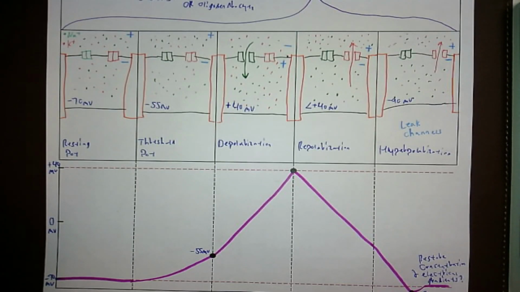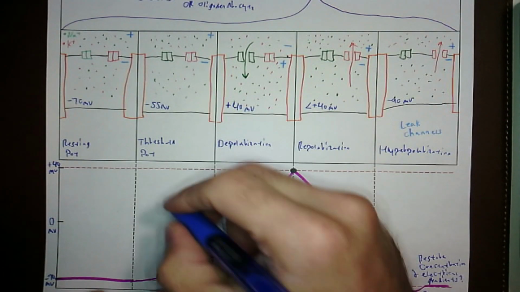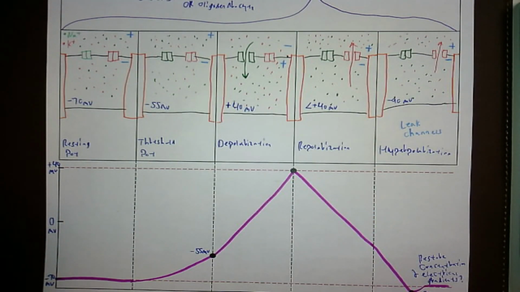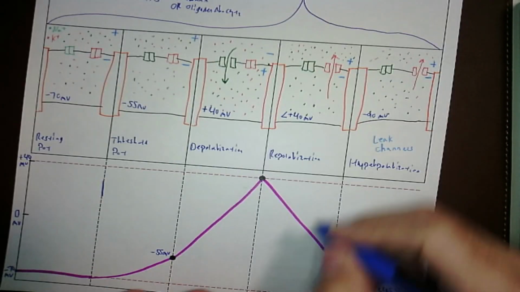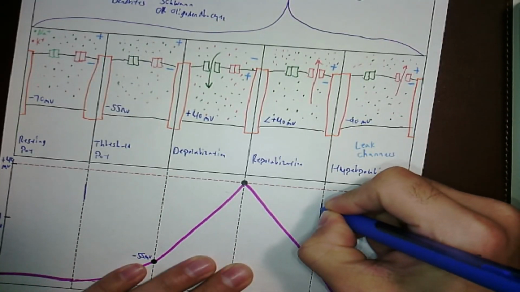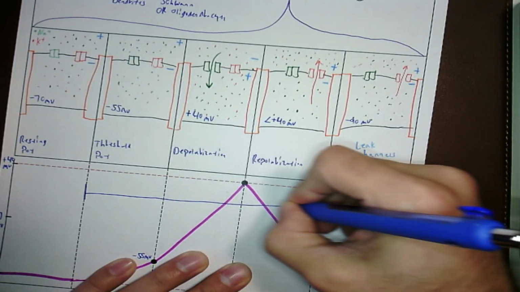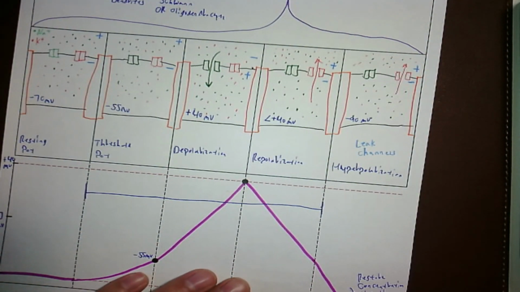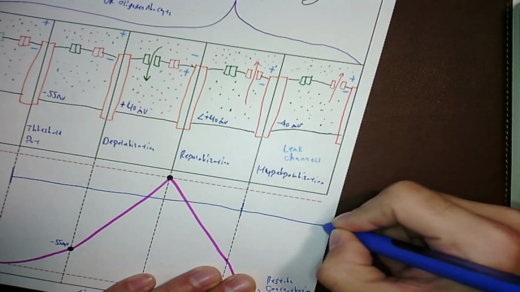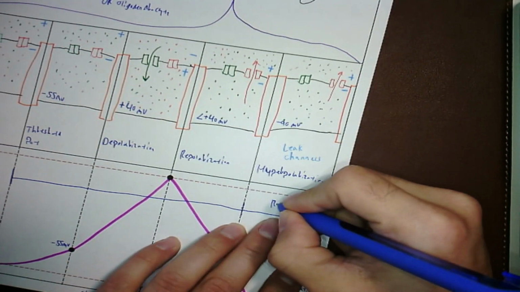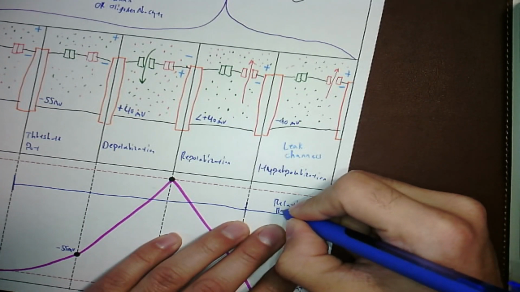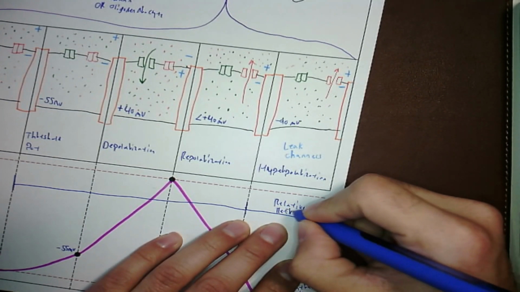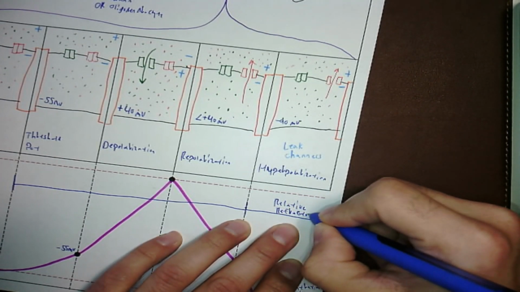And the other thing I'll let you go look up on your own is what is our absolute refractory period, which I'll represent with this line here. And what is our relative refractory?